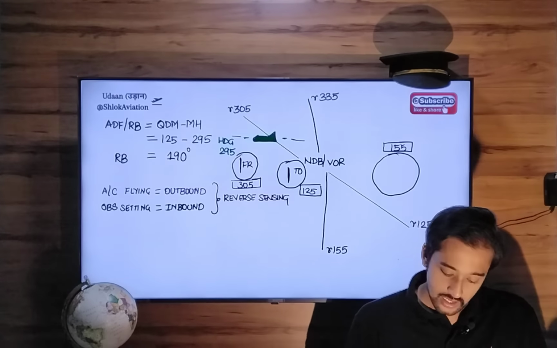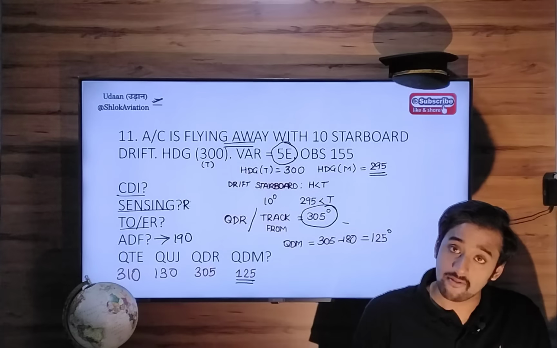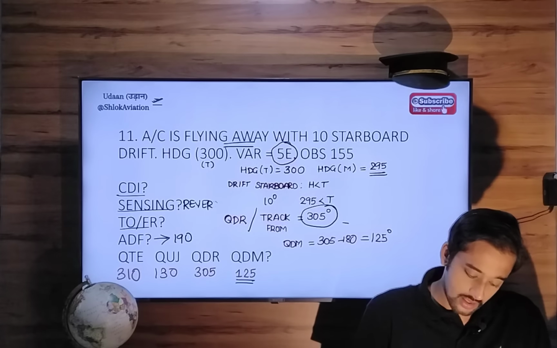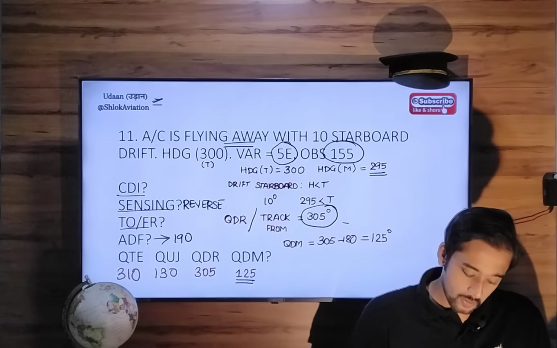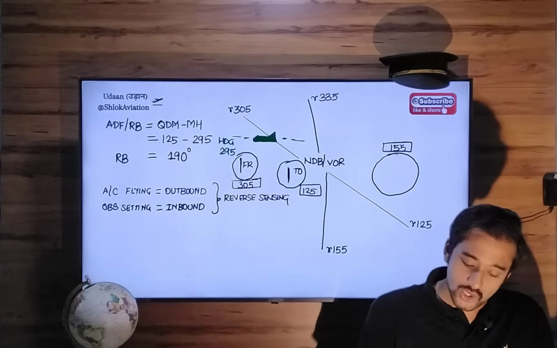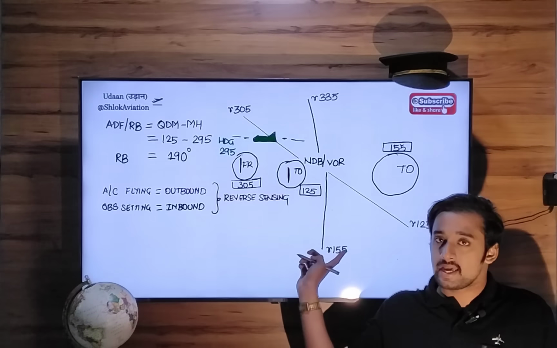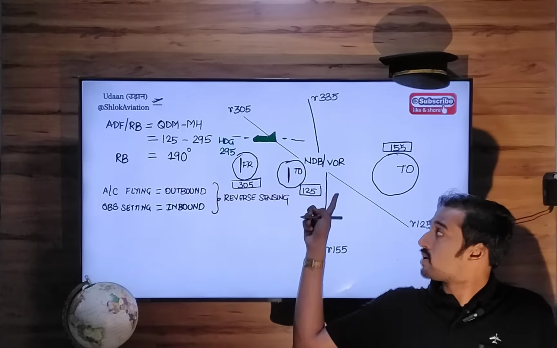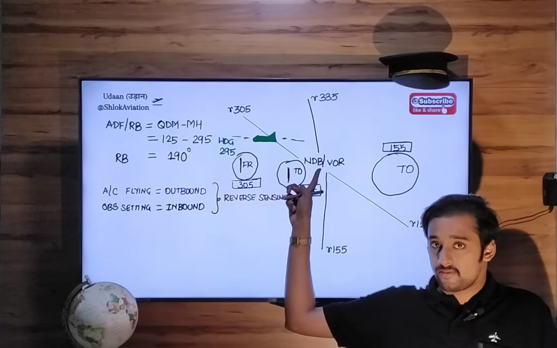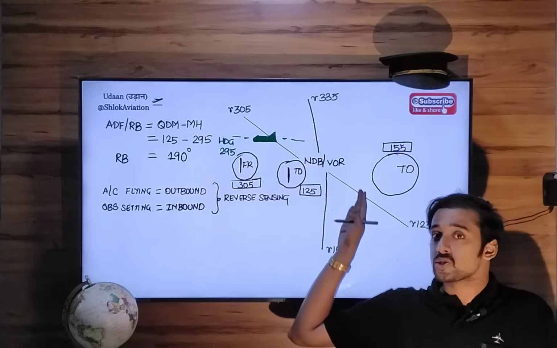Now you have put in your OBS setting, so sensing is reverse. I am writing it here. And 155 is the OBS setting, like I said. So that will give you to indication. Why? To go towards VOR, 155 is on the opposite side of VOR.